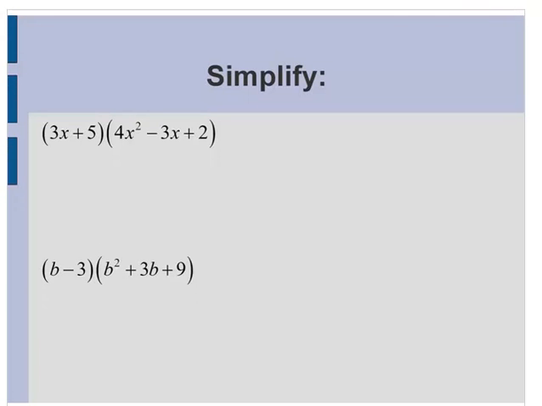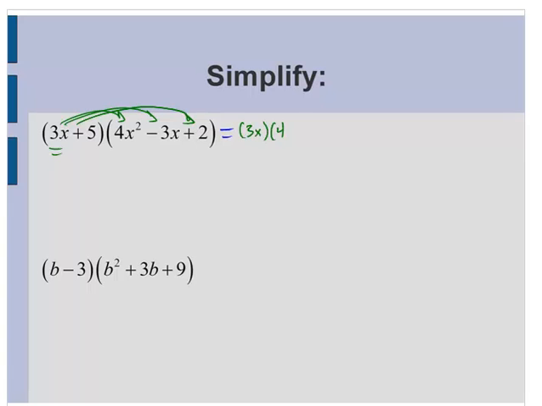Let's look at a couple that are slightly more complicated. So now we have a binomial being multiplied by a trinomial, but the idea would be exactly the same. If I had 3x plus 5 by 4x squared minus 3x plus 2, first thing I would do is take that 3x and distribute it through all three terms in the trinomial.